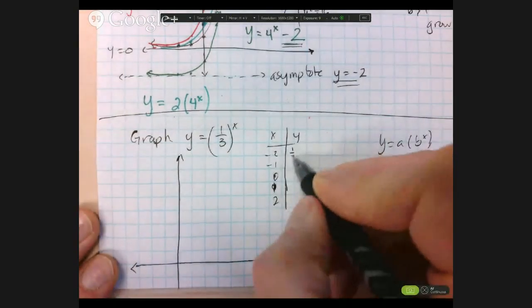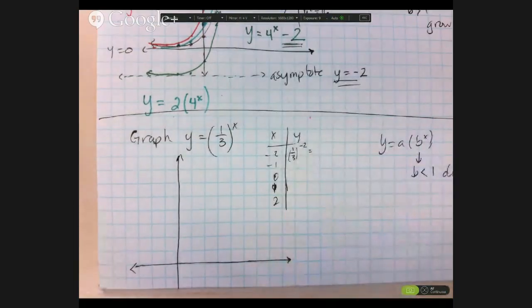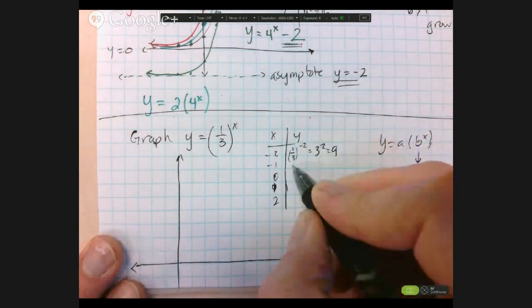What is 1/3 to the -2? You remember what you do in a negative with a fraction? Flip it. You can flip it, so it's 3 squared. Flip it over. So 3 squared, that's 9. What's the next one? Somebody say it. 3.